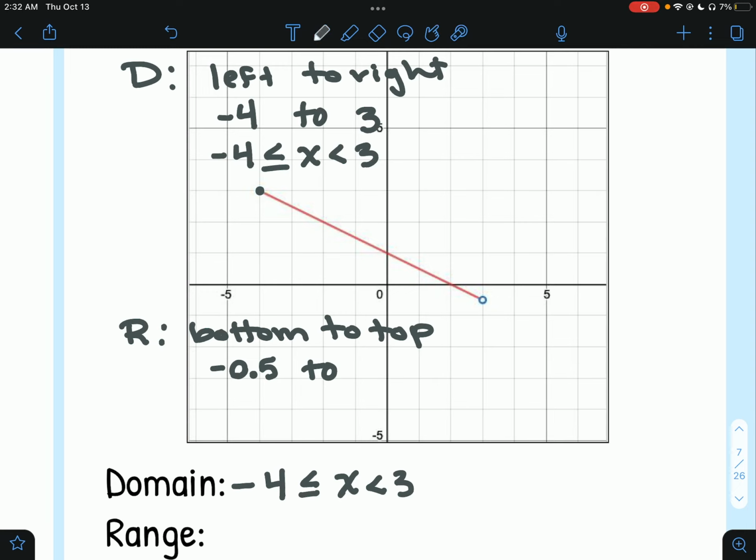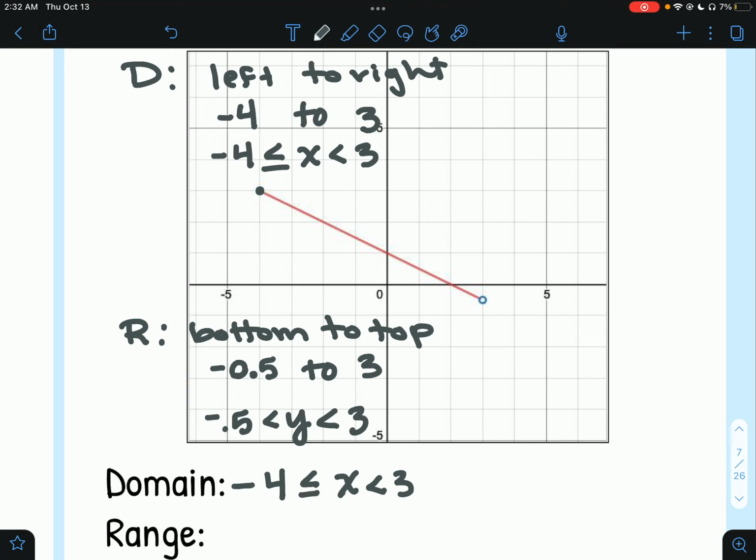So we would have from -0.5 to 3. We're going to set up our range. Our smallest value is less than y, which is less than 3. Always less than.